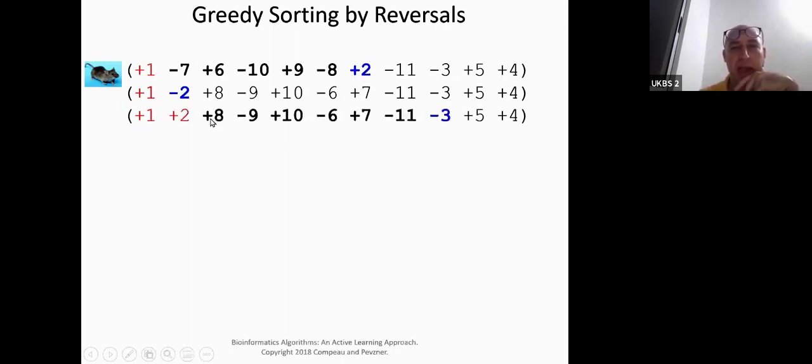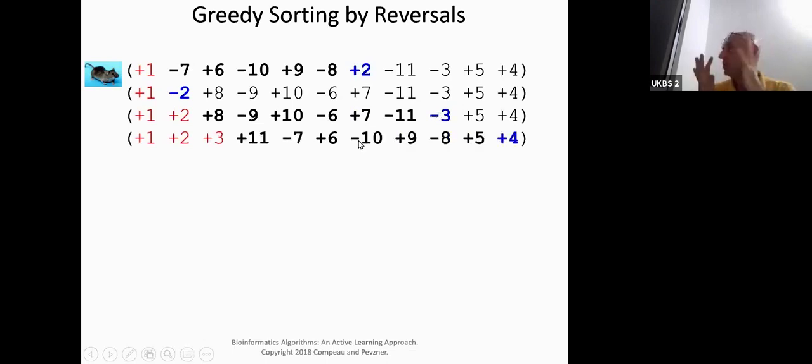Now, what I have here, identify the number 3, and I do a reversal between this point, plus 8, and this point, minus 3. So it became 1, 2, 3, 11, minus 7, plus 6, minus 10, plus 9, minus 8, plus 5, plus 4.